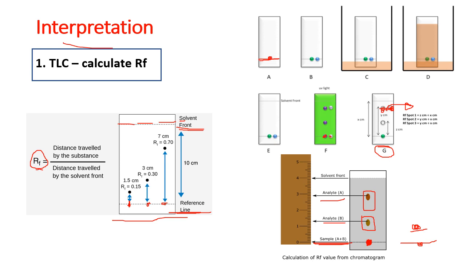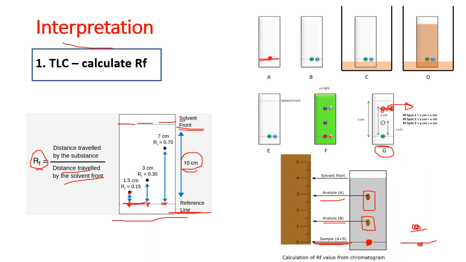The distance between them is, for example, 10 centimeters, and this is the distance traveled by the solvent front. You have to know it. And you calculate the distance traveled by every spot, which is the distance between the reference line and the spot.